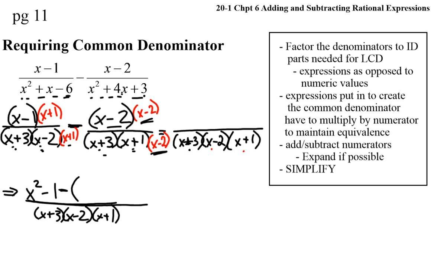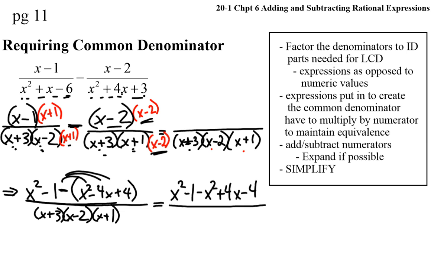Do the FOIL steps, x squared minus 4x plus 4. Distribute the negative. Now I need to simplify my numerator. x squared minus 1 minus x squared plus 4x minus 4, because the negative got distributed. And that's over x plus 3 times x minus 2 times x plus 1.